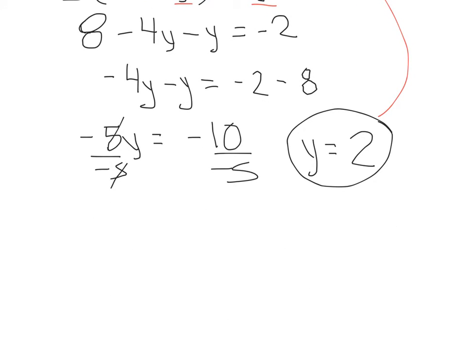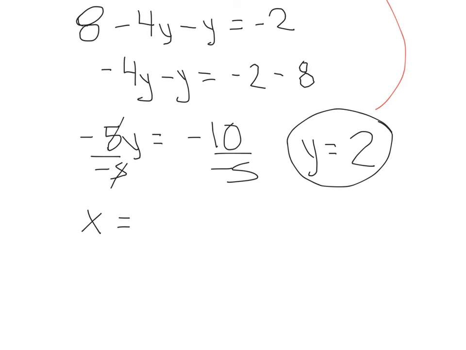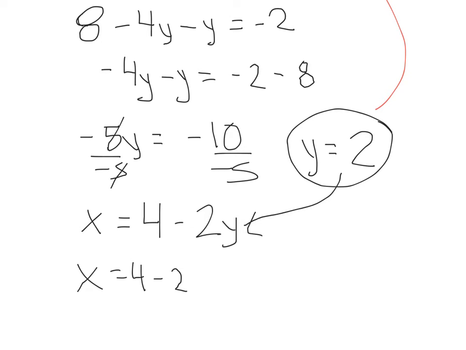So let's rewrite that equation so we have it here. It was x equals 4 minus 2y. So we've got what y equals, so we'll plug it in there. x equals 4 minus 2y, and our y is 2.